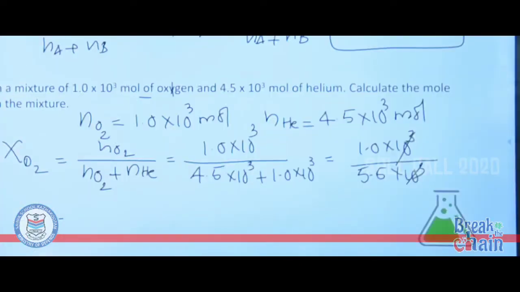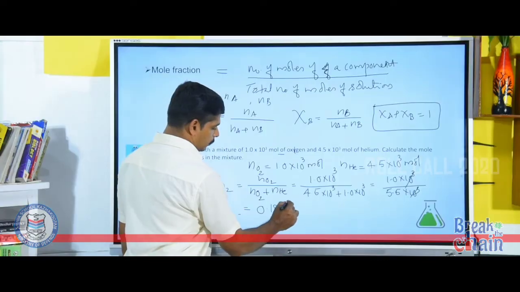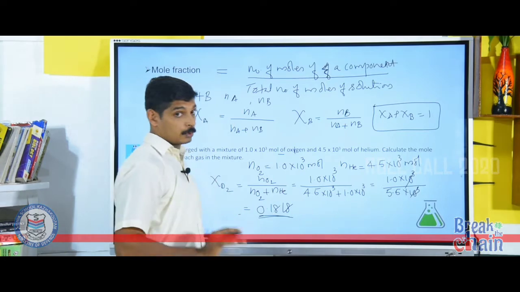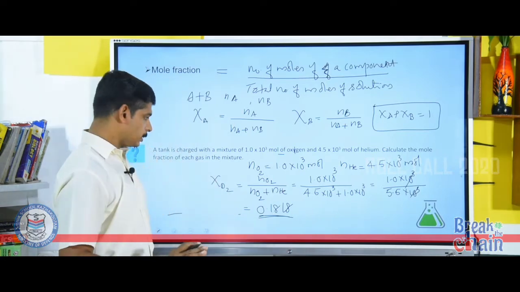Is it okay? So, what is the final value you are going to get? You will be getting the mole fraction as 0.01818, and it does not have any unit, right.